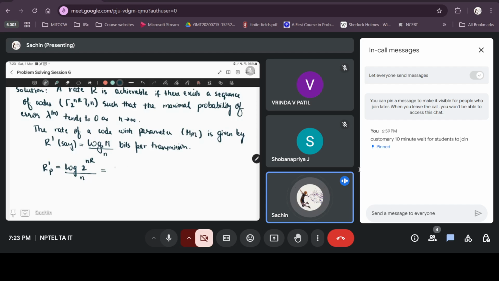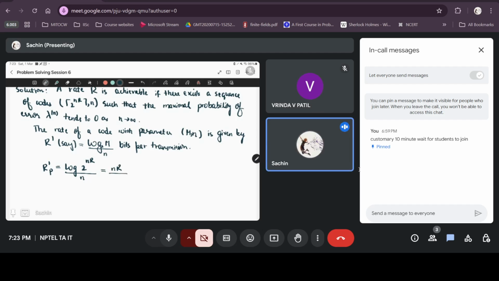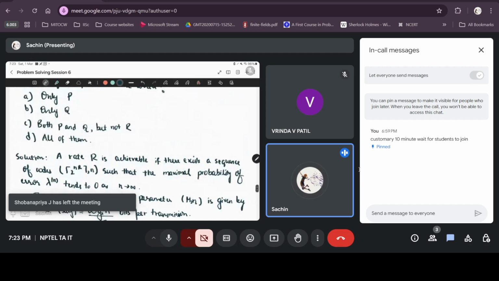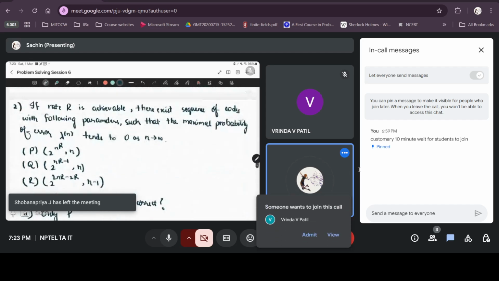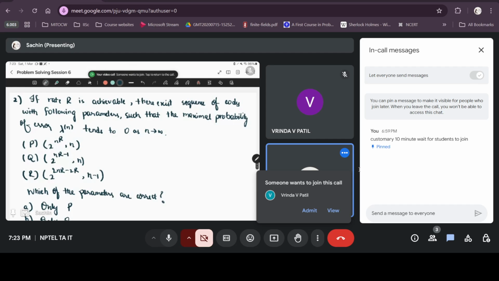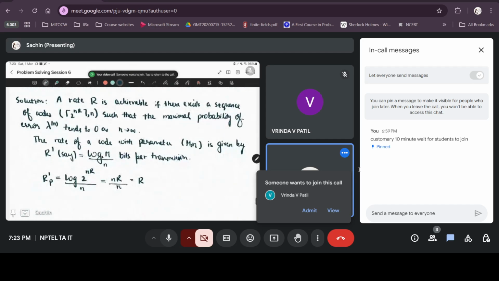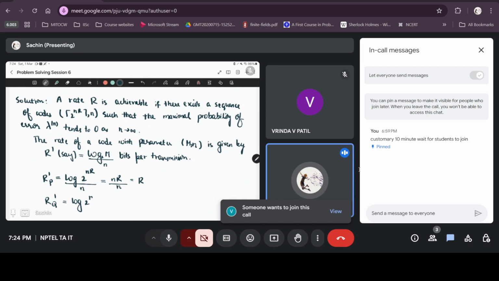Log of 2 power nR is nR divided by n is R. So P has the rate R. Then rate of the code Q is log of 2 power nR minus 1 divided by n. This is nR minus 1 divided by n. This is R minus 1 over n. This is less than R.